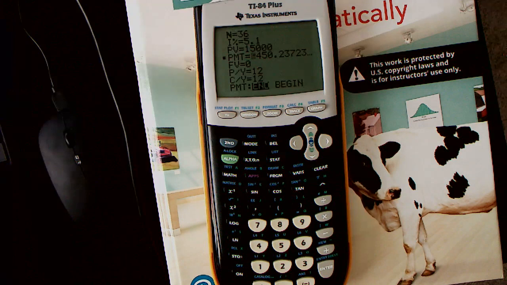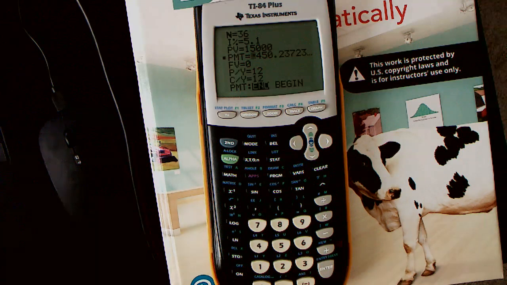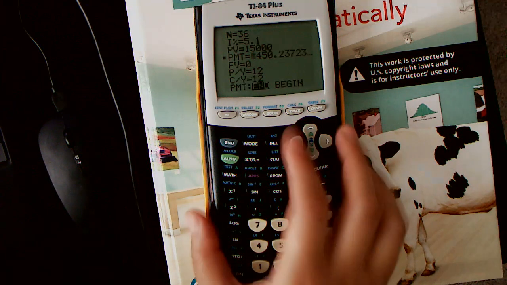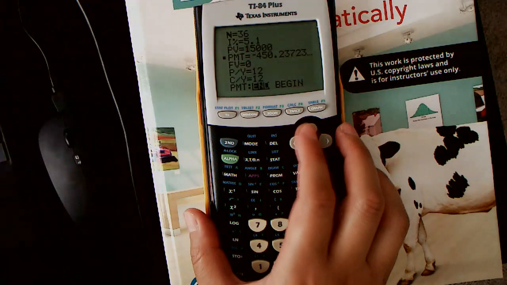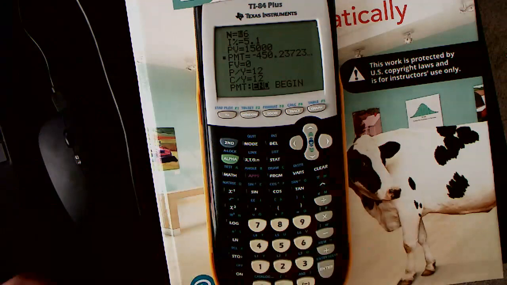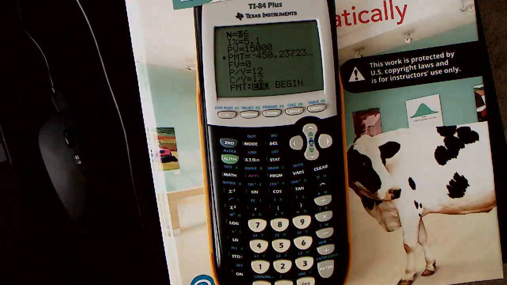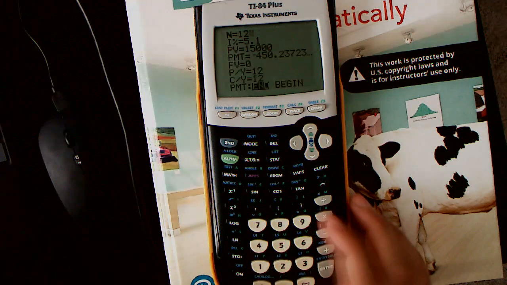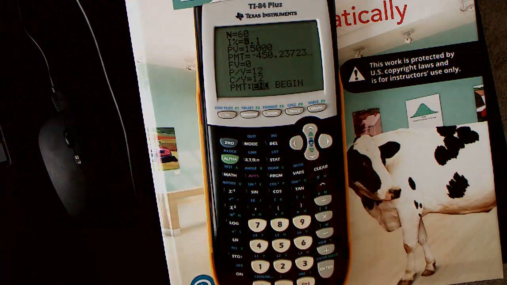Since the calculator is already here, let's find out the monthly payment for the second option, for plan B. For plan B, we only need to fix some entries in this menu to get a monthly payment for plan B. Plan B, 5-year loan, so 12 times 5, 60.